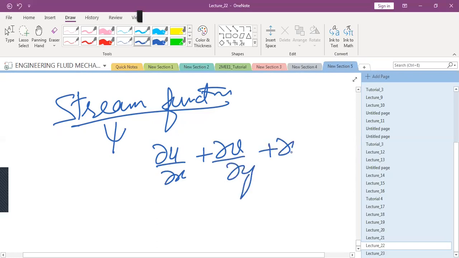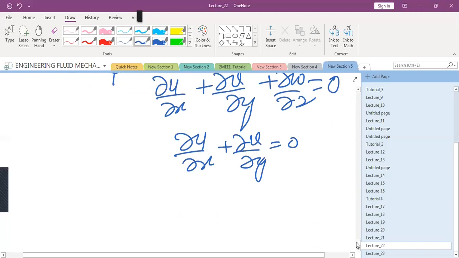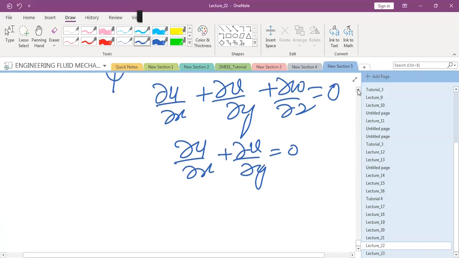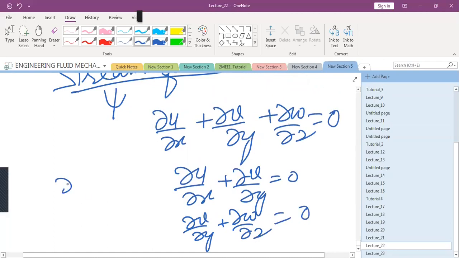Now my question is, does it satisfy this or does it satisfy this? What does it satisfy? It is for two dimensions. It can be xy, it can be yz, it can be zx.